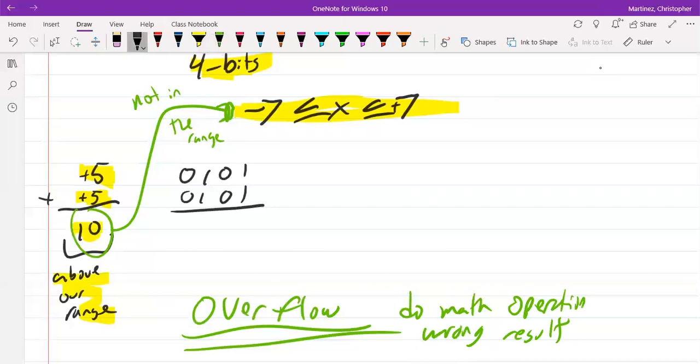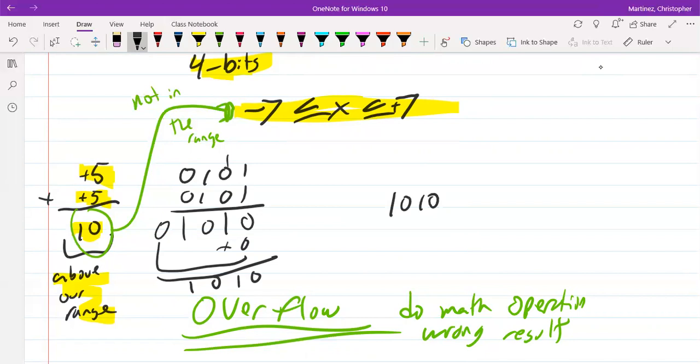So let's just add this. We add it. What's 1 plus 1? That's 2. That's a 1. That's 2. There's a carry of a 0. We add it back in, but that doesn't change any of our results. Well, 1, 0, 1, 0, that was our answer, but that's not positive 10. What number is it?